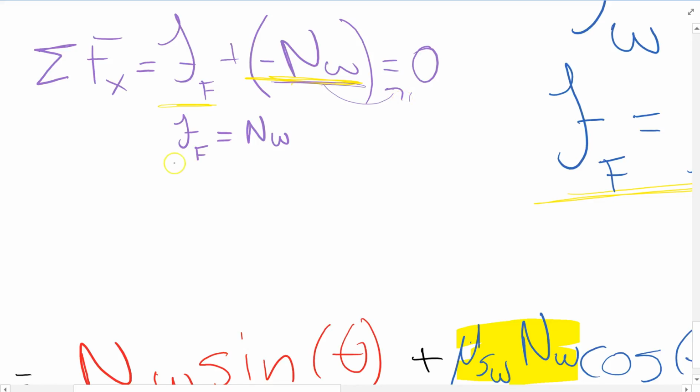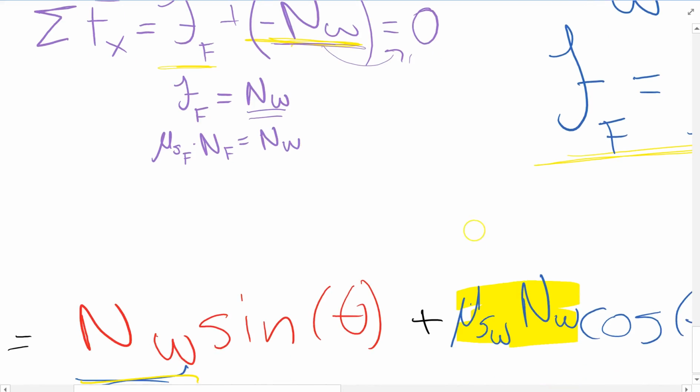Now I'm going to take advantage of the definition of maximum static friction along with this substitution here for normal from the wall, and I'm going to say that the mu static from the floor times normal from the floor is going to equal normal from the wall.